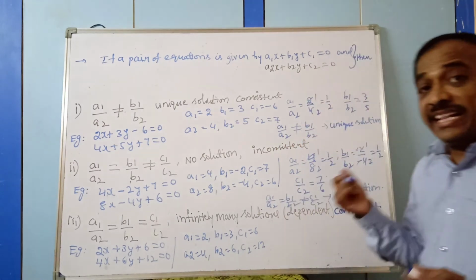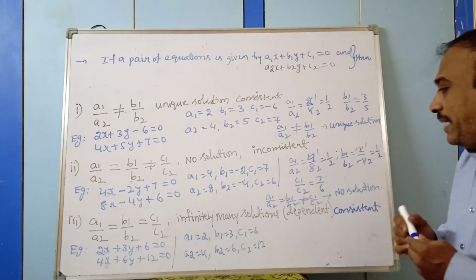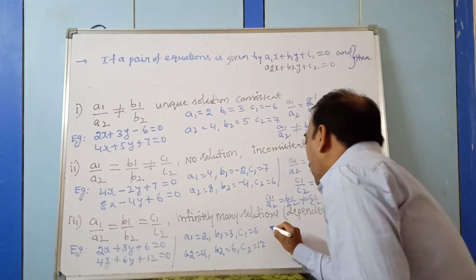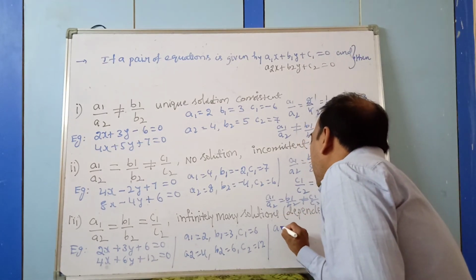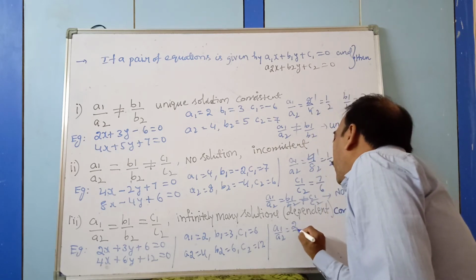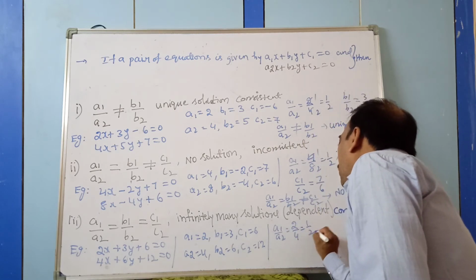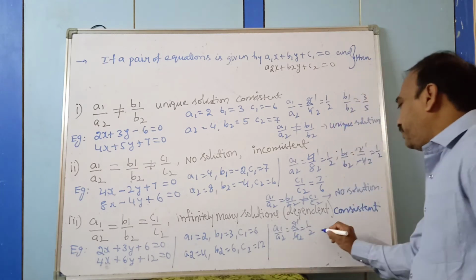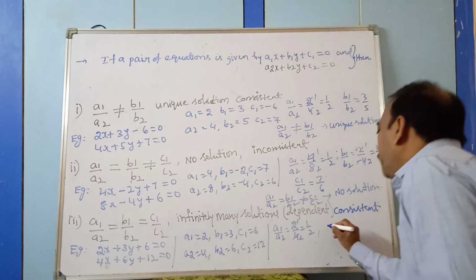You have to take the ratios even including the sign. Now you see here, A1 by A2. What is A1 by A2? 2 by 4, which is equal to 1 by 2. Next, B1 by B2.